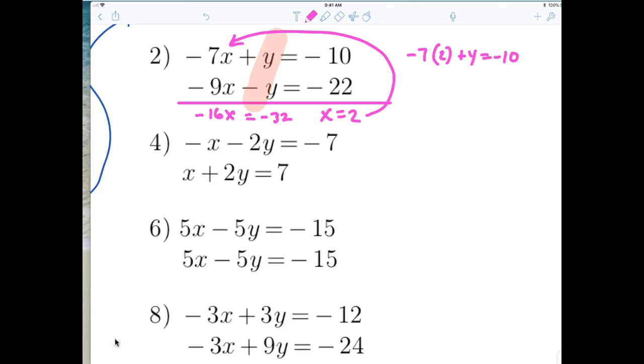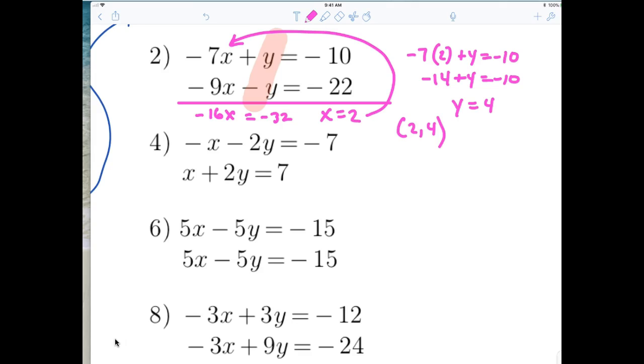That gives me negative 14 plus y equals negative 10. So y equals 4. That's how simple. So the answer is 2, 4. That's it. That's how simple.